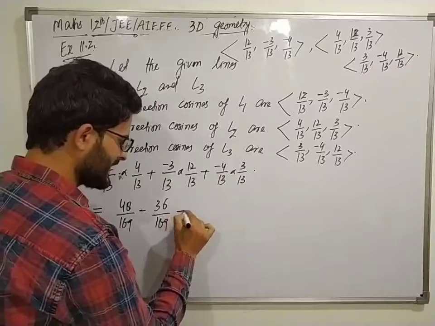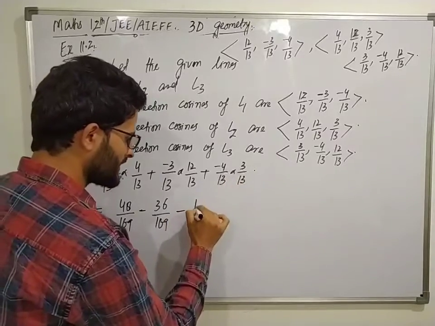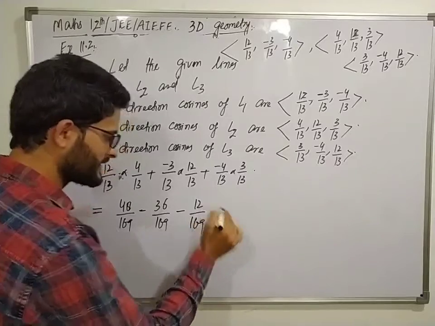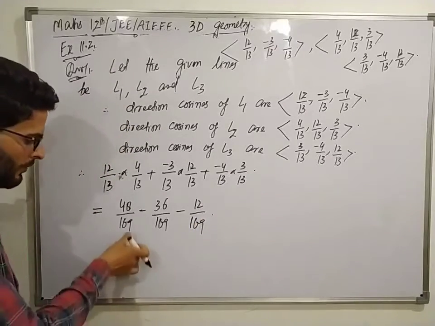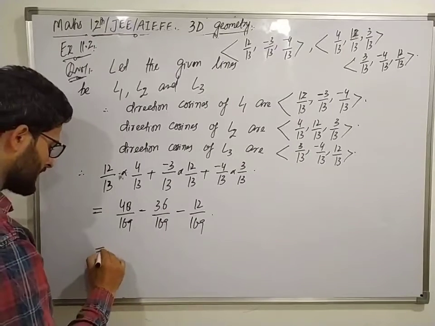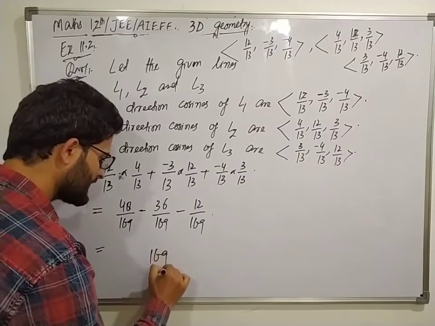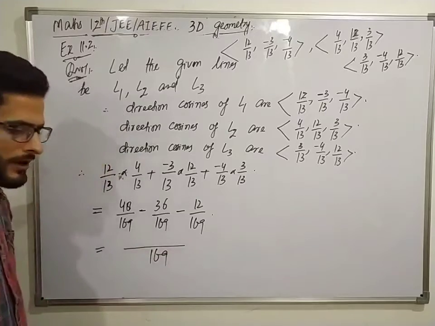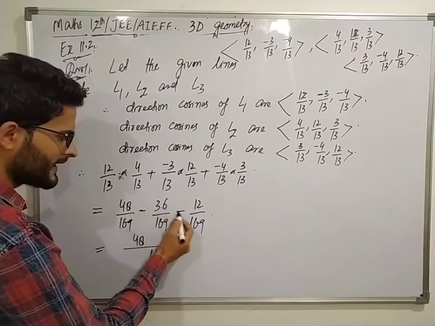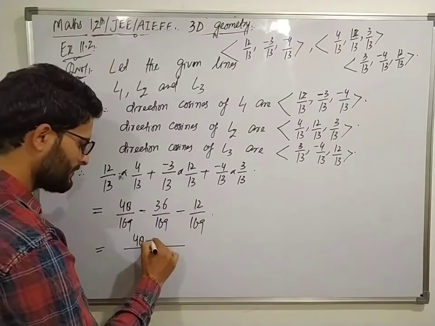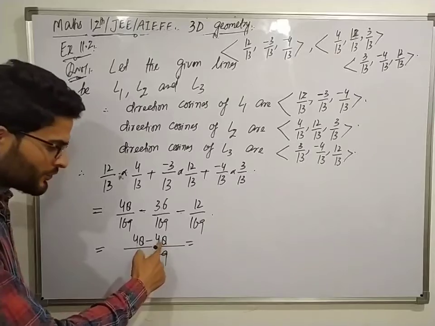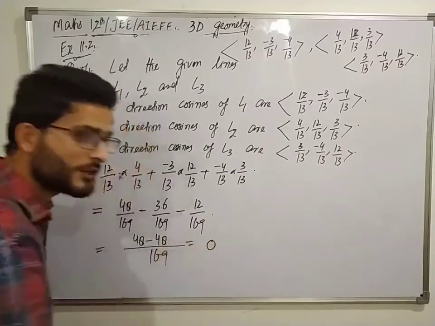Plus into minus is again minus. 4 into 3, that's 12 divided by 13 into 13 is again 169. 169 is the common denominator, so we keep it common. In the numerator: 48 minus 36 and minus 12, that makes minus 48. So 48 minus 48 is 0, and 0 divided by anything is 0.